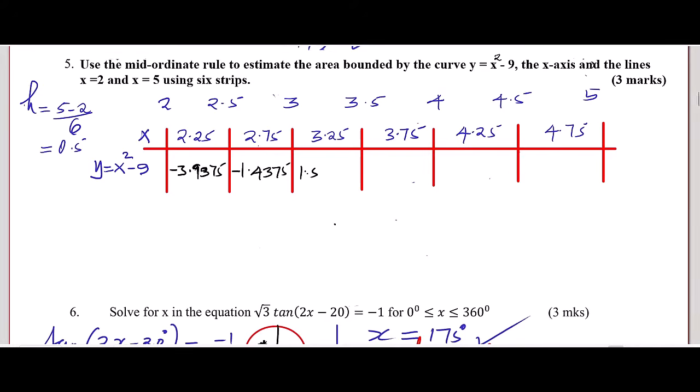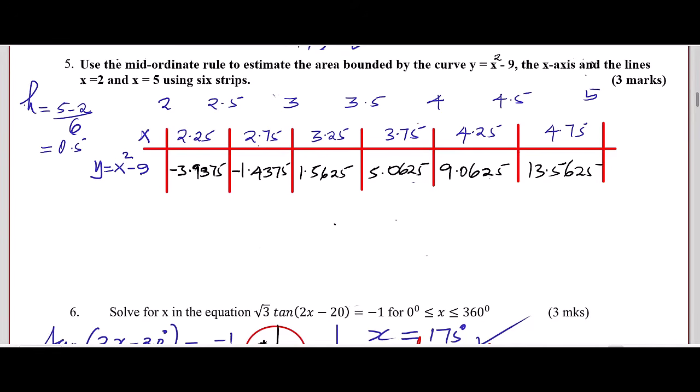3.25 will give 1.5625. Then the next one will be 5.0625. Then the next one is 9.0625 and 13.5625.